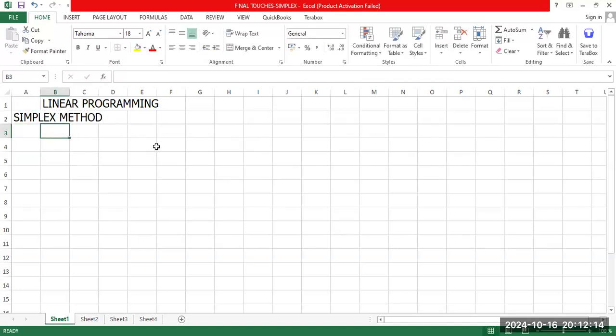But as I said, you cannot use any method without a linear programming model. You must first develop a linear programming model. Whether you are using the simplex method or the graphical method, the first step is to develop a linear programming model. And we have steps that we follow when we are developing it.